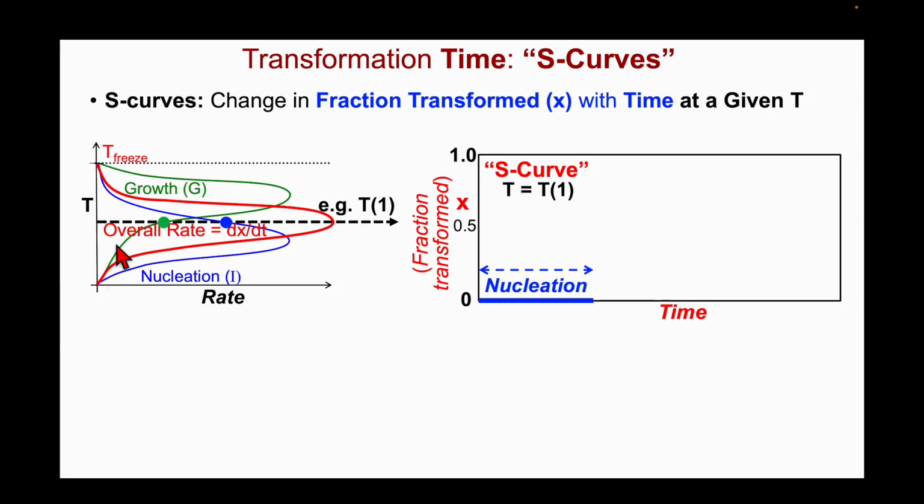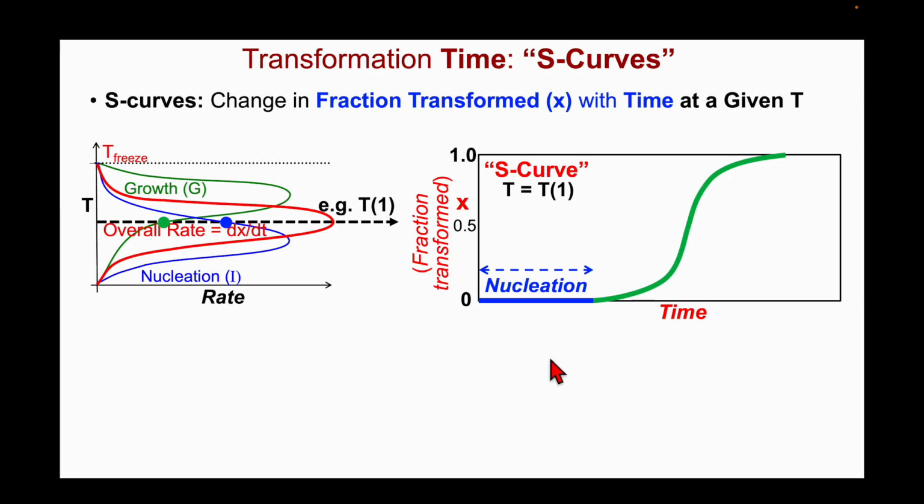Now growth begins, and we are not at the peak of the growth rate, and while the growth time will not be the fastest possible, we can sketch the relative change in X from the start of growth to its completion, where X is equal to 1.